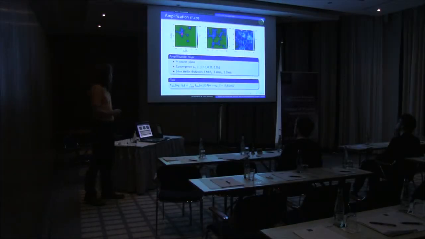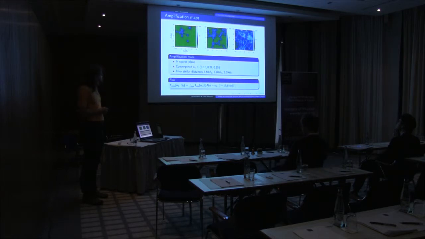So here are the examples of amplification maps. The galaxy in its plane generates this amplification map in a source plane of the quasar. So if we are moving with a quasar through its plane, on this map is shown the observed flux. So if we put the quasar, for example, to this point, the observed flux will be approximately 10 times larger than if the quasar lies somewhere here.